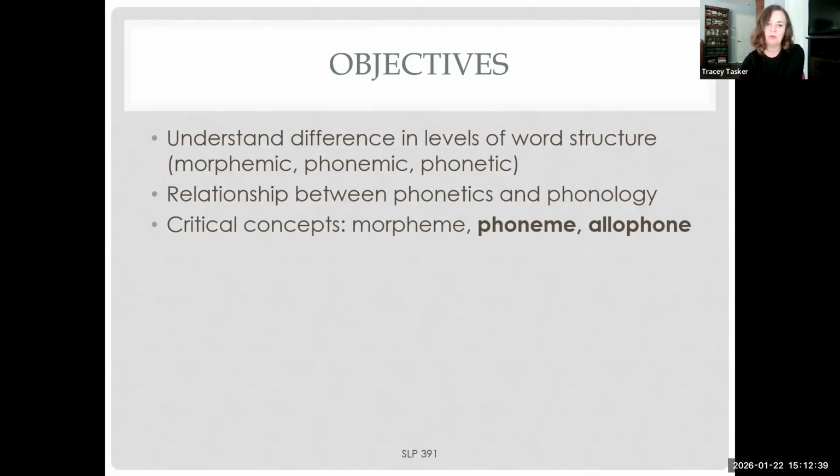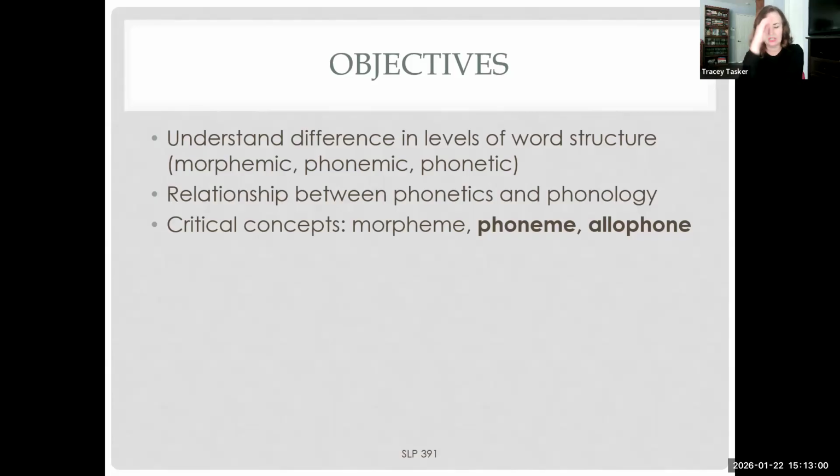So we're going to talk about morphemes, we're going to talk about phonemes, we're going to talk about phonetics, how that's different, and then the broad term of phonology. The critical concepts we're really going to be focusing on in this lecture are the differences between phonemes and allophones.